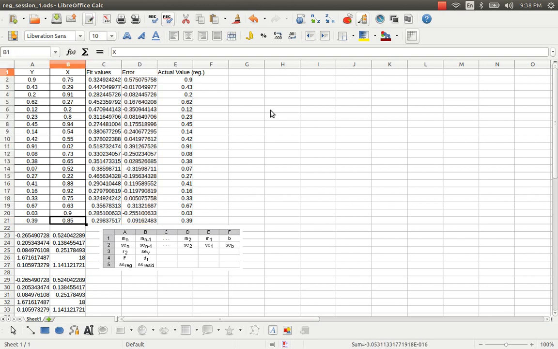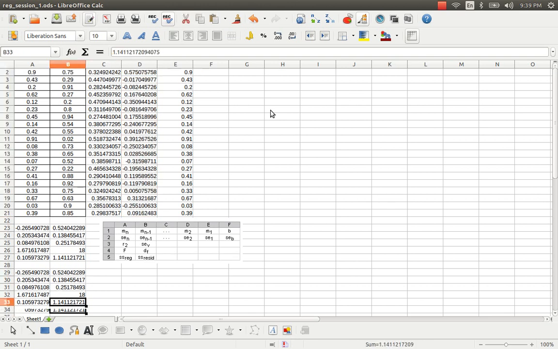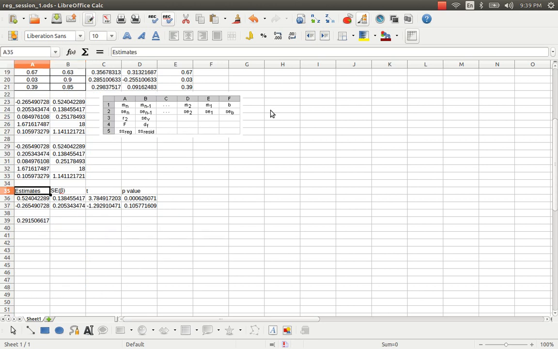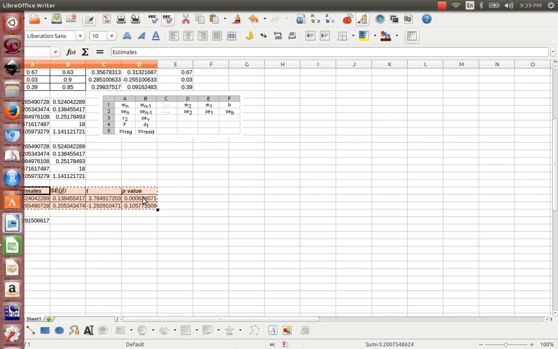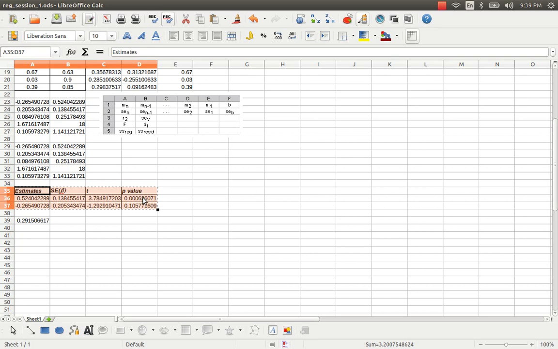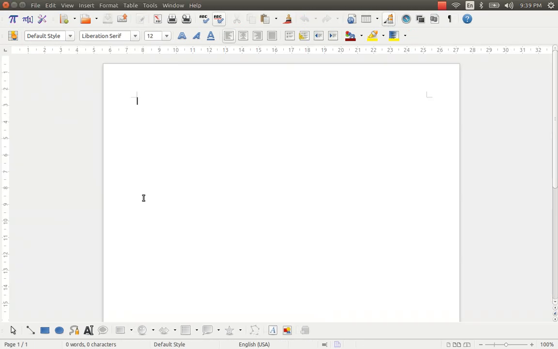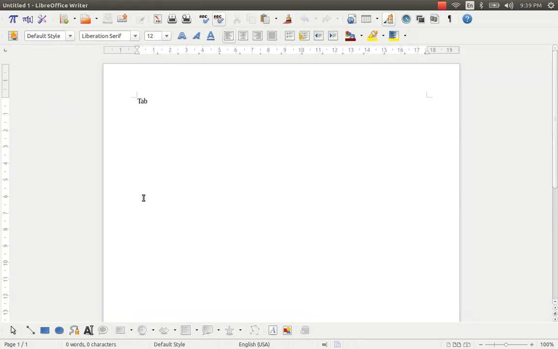So we already finished our significance test for both beta naught and beta 1 here. I prepared a table which we can use straight away for the reports. You can export this table as it is. Say for example, if you are writing a report, you can just copy here, table 1.